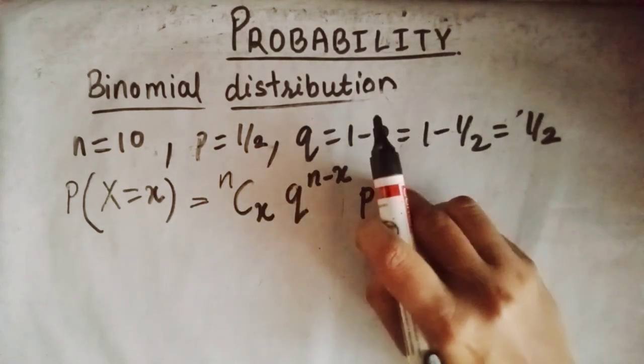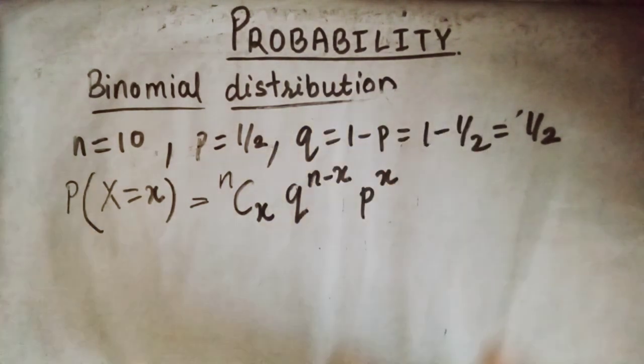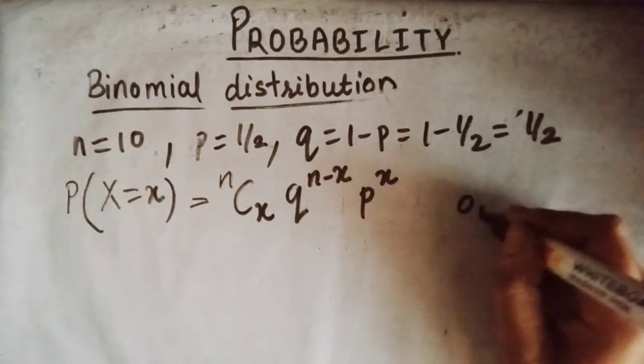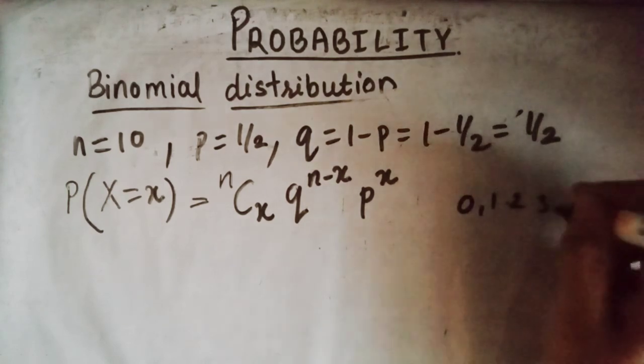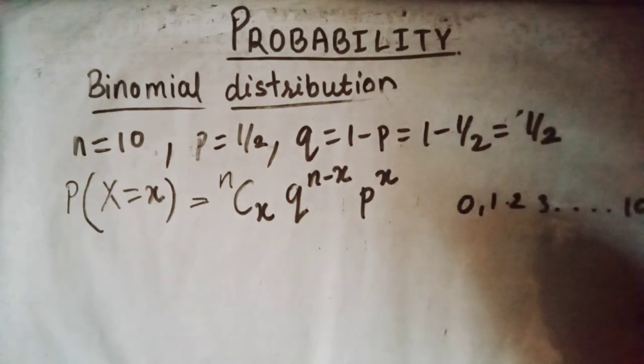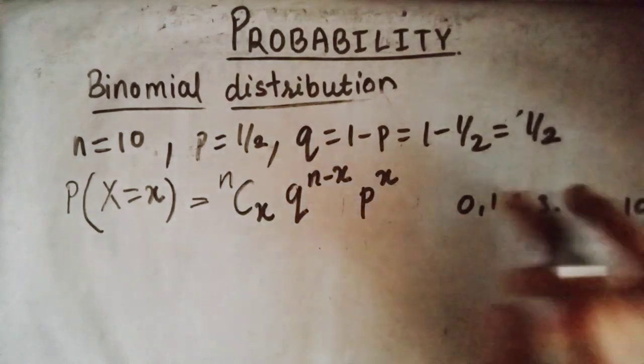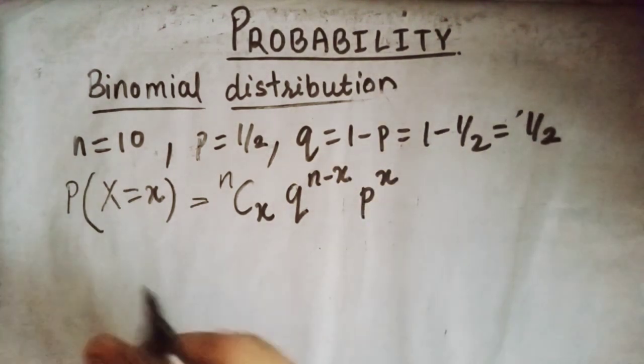This is done 10 times, so x will start from 0, 1, 2, 3, 4 till 10. Now you have to use the conditions given in the problem.